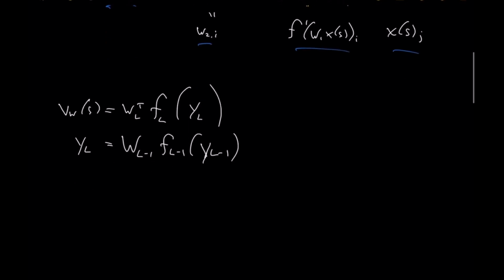Just to expand it for one specific example, let me write it down explicitly because it doesn't hurt to have that in mind. For instance, we could have something like 3 layers, let's say.